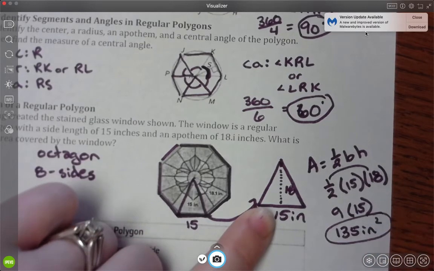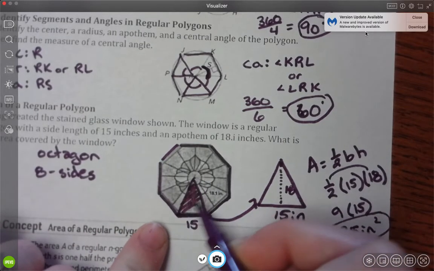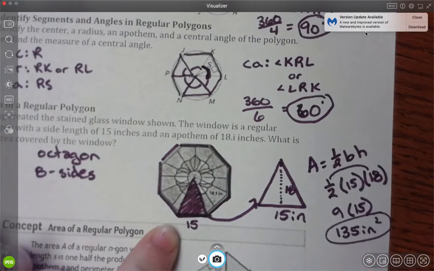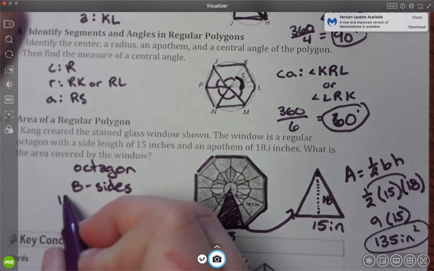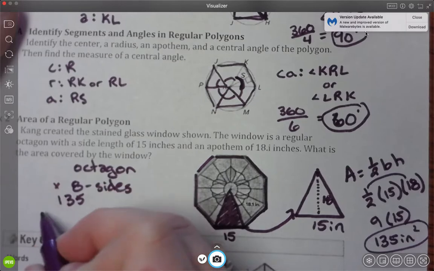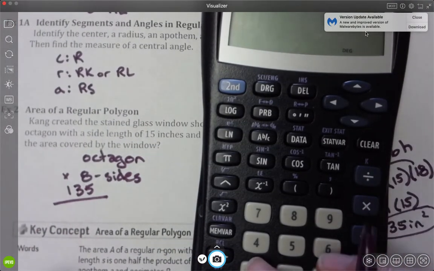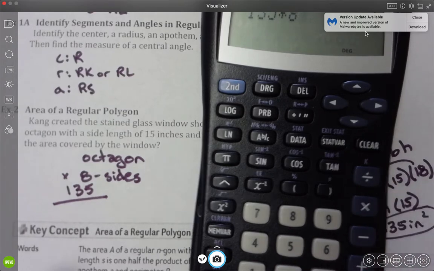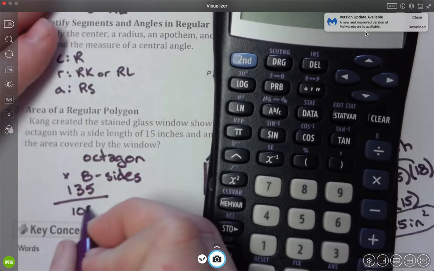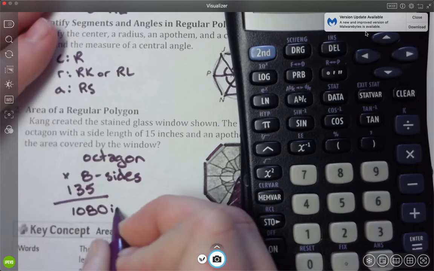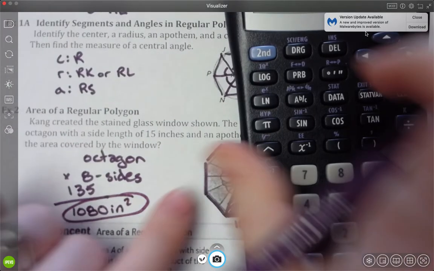That is just one of these pieces, but there are 8 of them going all the way around. So I take that 135 times 8, and that gives me the area of the entire figure. 135 times 8 is 1080 square inches. That's the entire area of that figure.